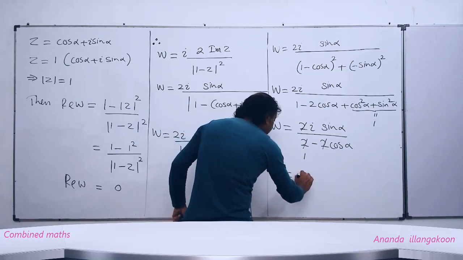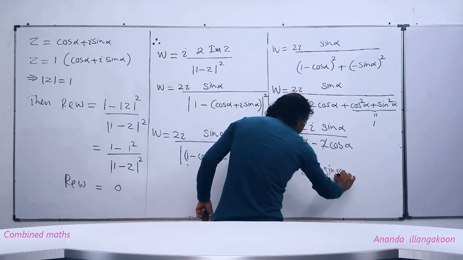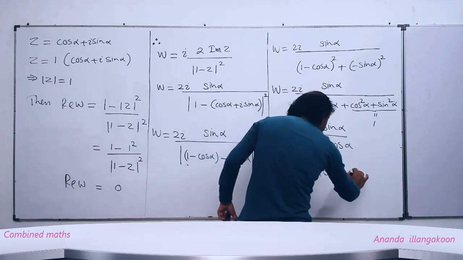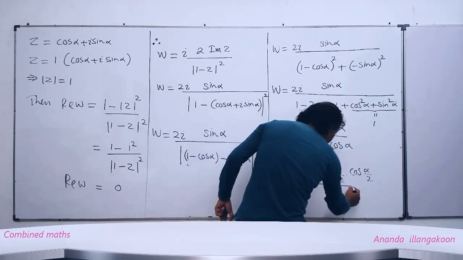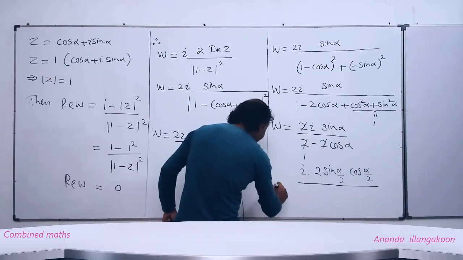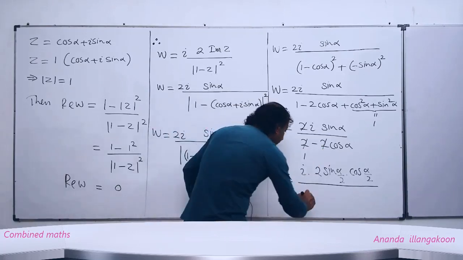W equals i. This sin alpha, people, you can write as 2 sin alpha by 2 into cos alpha by 2, divided by 1 minus cos alpha.